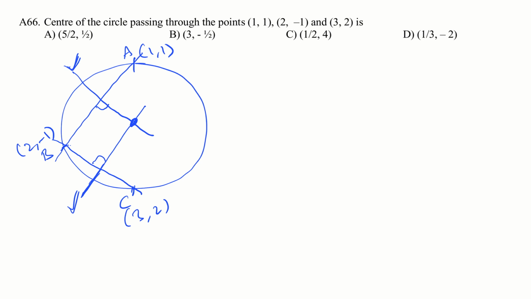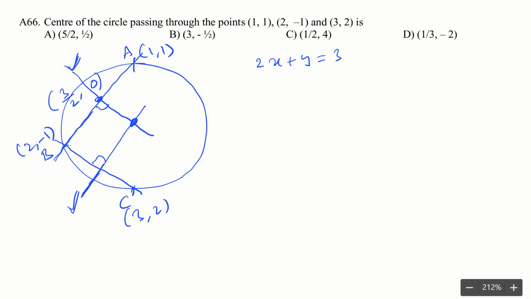Therefore equation of AB is 2x + y = 3. This is AB. Wait a minute, we don't need the equation of AB, we need its perpendicular bisector equation. Observe that the midpoint is (3/2, 0).